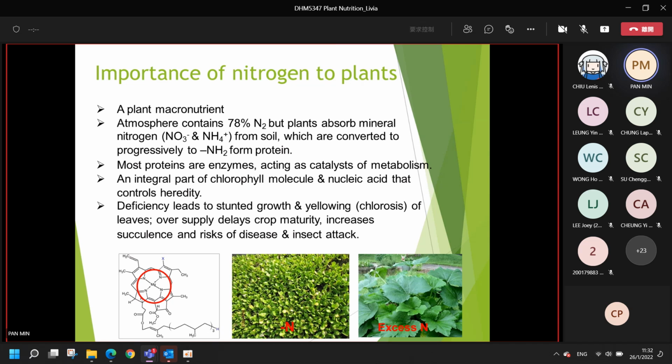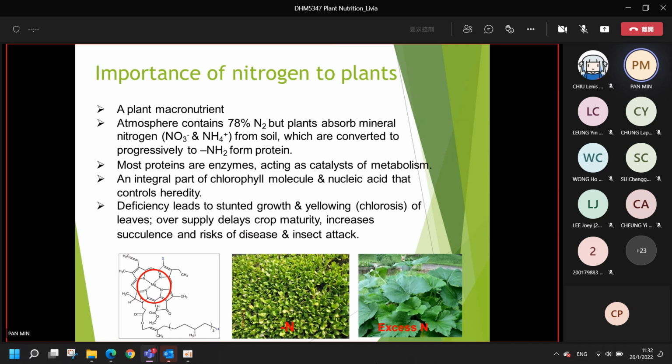And deficiencies of nitrogen can lead to stunted growth and yellowing, chlorosis, which means that you can see the leaf becomes a yellow color. The first part showing these deficiencies is the older leaves or the shoots.